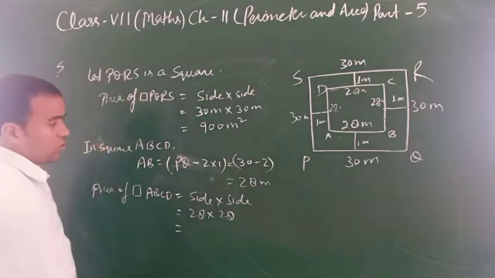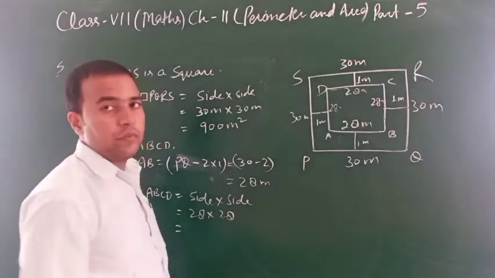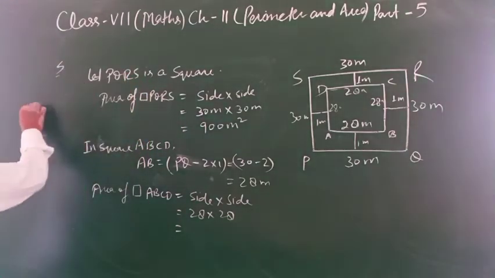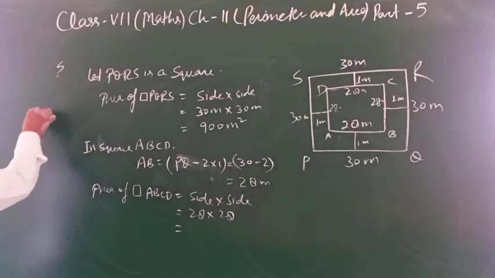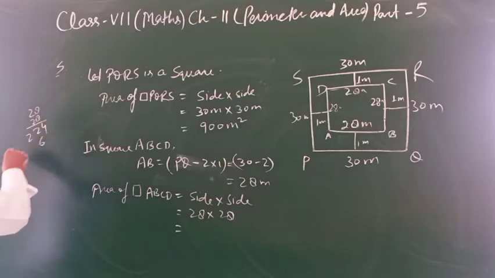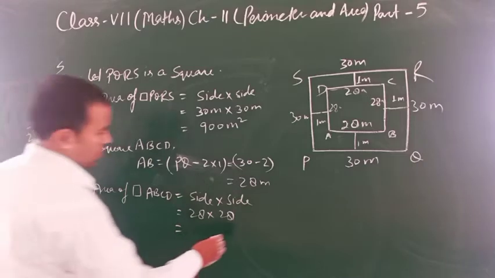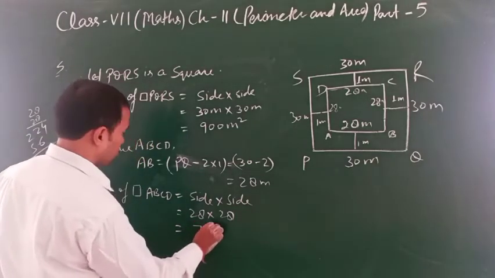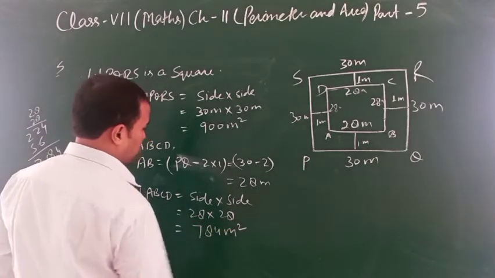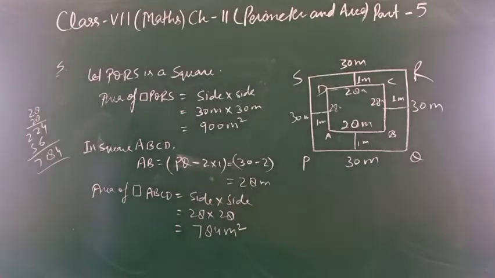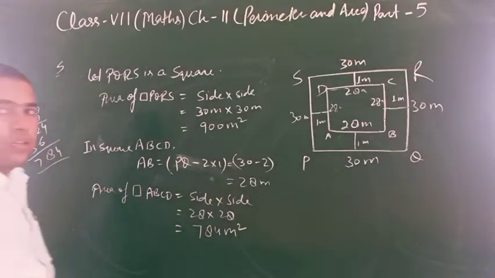We will multiply 28 into 28, 8 8s are 64, and so on, giving 784 meter square.